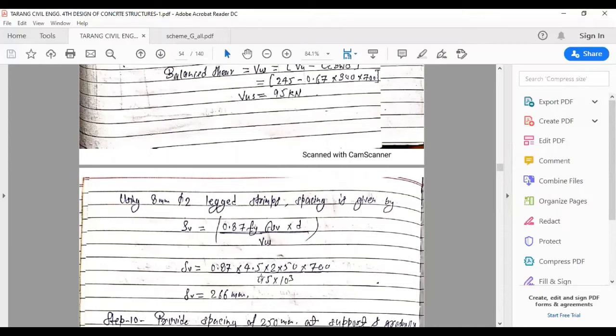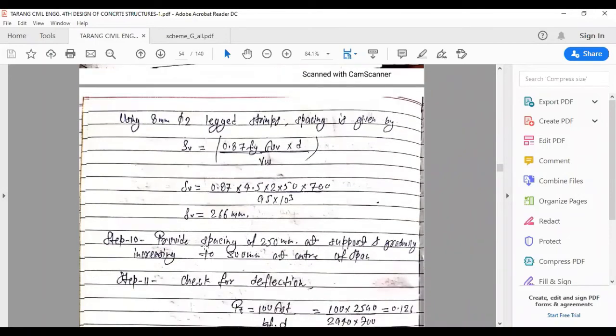And Vus we have just found out, 95 into 10 raised to the power 3. So this value we have reached from this expression, and from this the value of Sv comes out to be 266 mm.